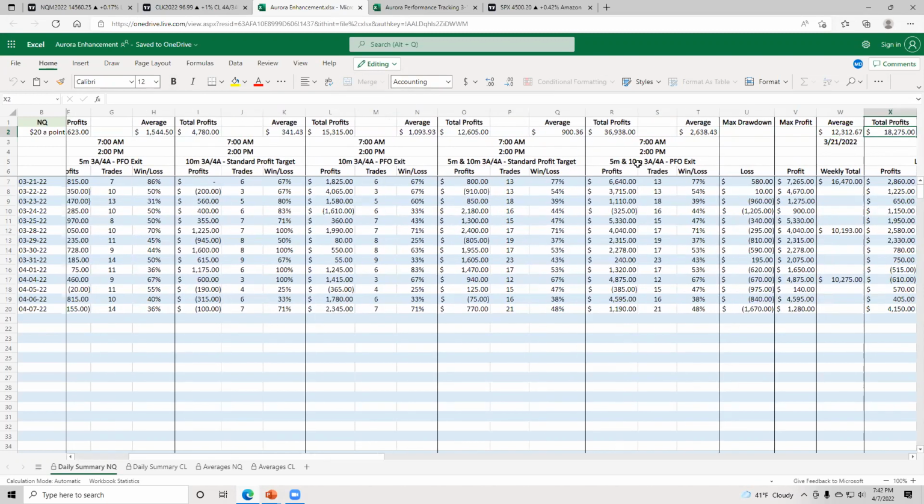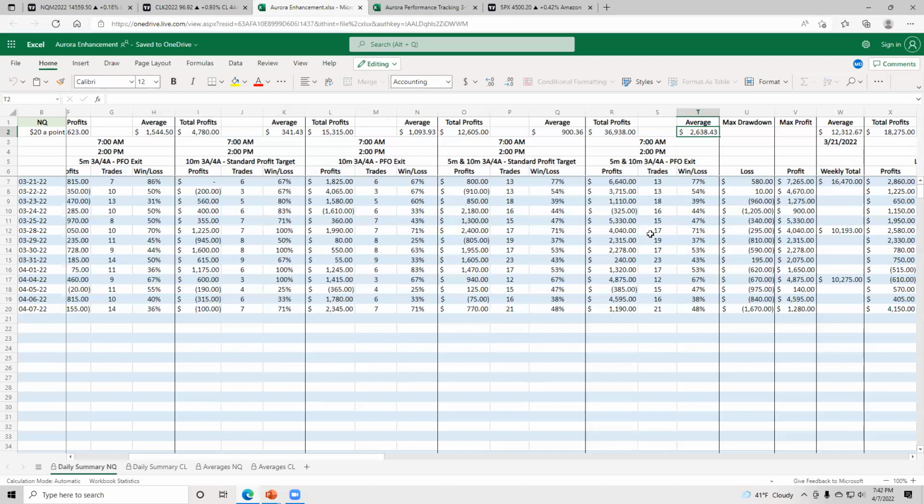And if you took each 5-minute and 10-minute 3A and 4A signal, which means you might have some duplicate trades, because you might be in a 5-minute and then a 10-minute comes on if you decide to do that, that's $2,600 a day.